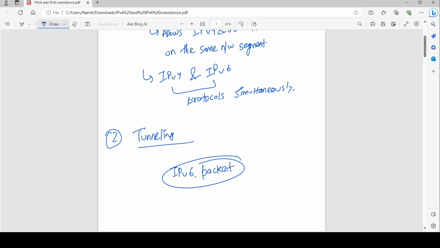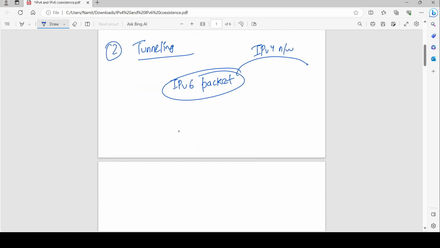Now tunneling allows your IPv6 packet to travel over an IPv4 network as well. How does it happen?